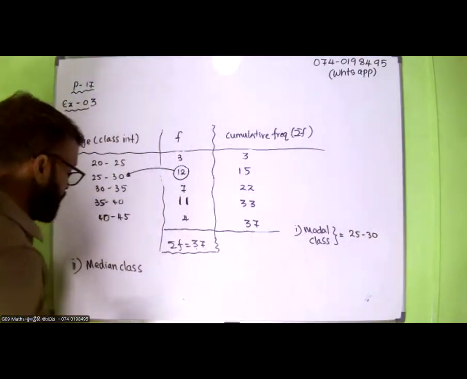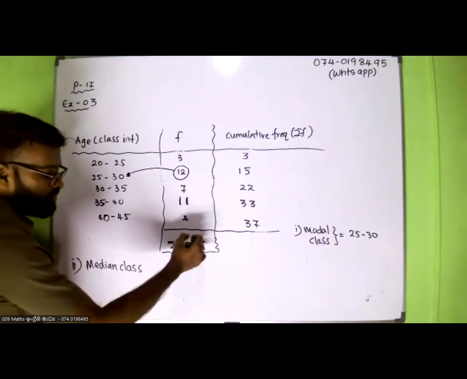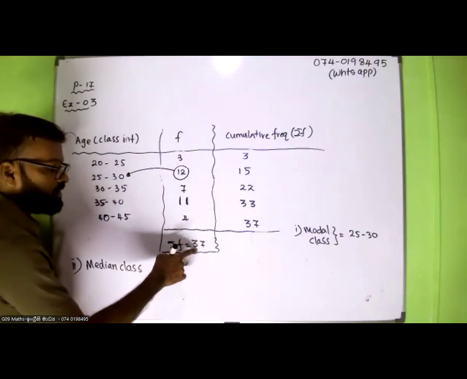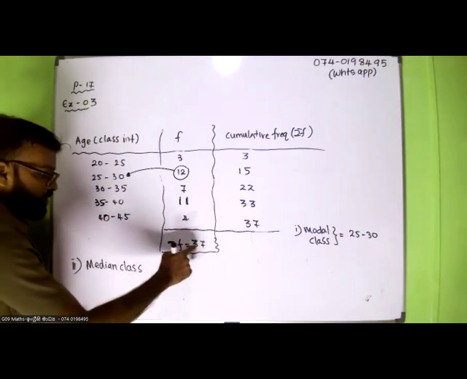Then how to find the median class? Because the number of data, which is sigma f, is 37, this is an odd number.